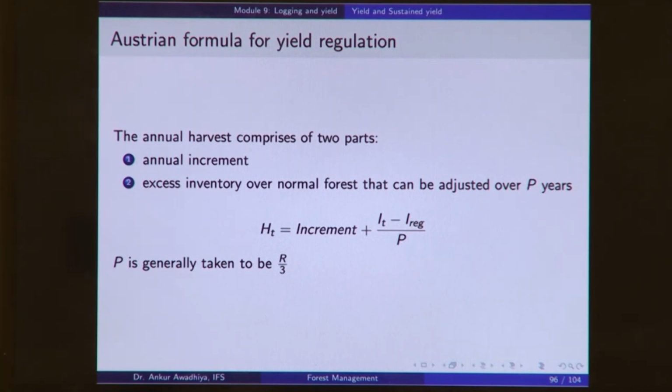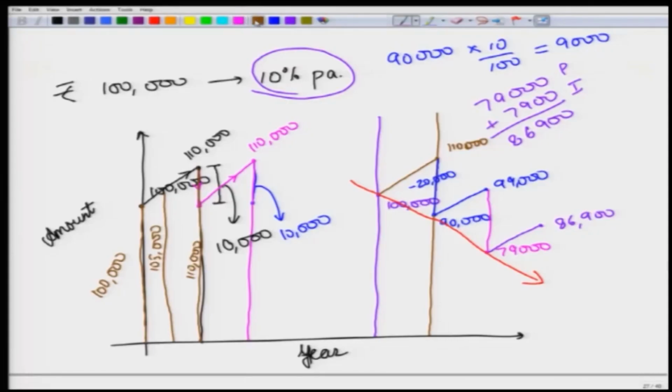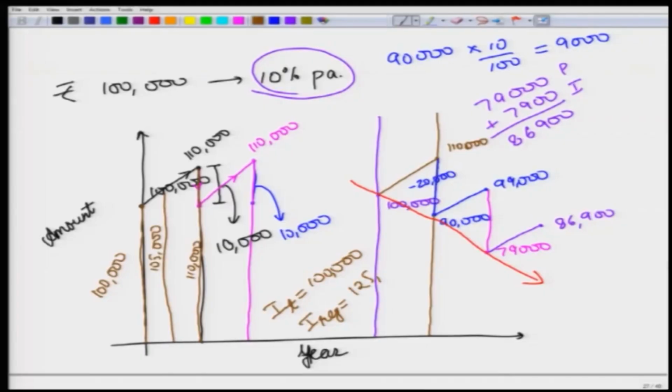So, suppose in this example we wanted to put in these values: we have I_t equal to 100,000 rupees, and I_reg, suppose I want to have more money in my forest, in my bank account. Suppose I want to have 125,000 rupees, and I want to change this 100,000 to 125,000 over a period of, say, 20 years.